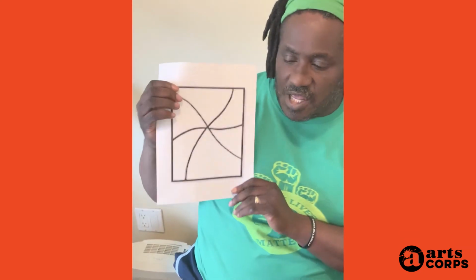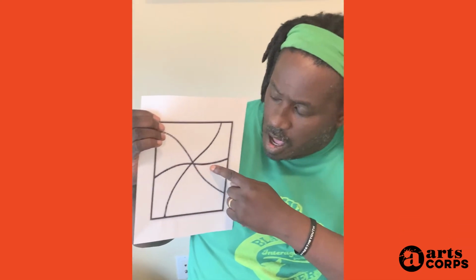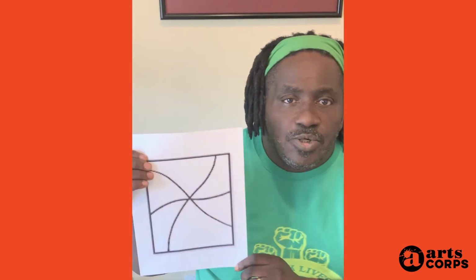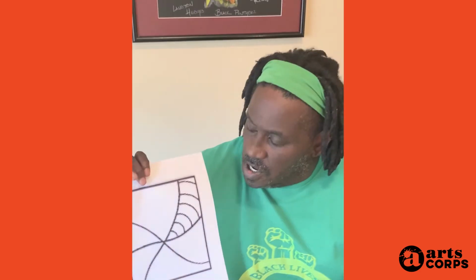First of all, you're going to start off with a blank piece of paper. Then you're going to put a dot on it. Then, from the dot, you are going to draw an even number of lines around your paper to the edge. Next, you will start making your convex and concave lines.